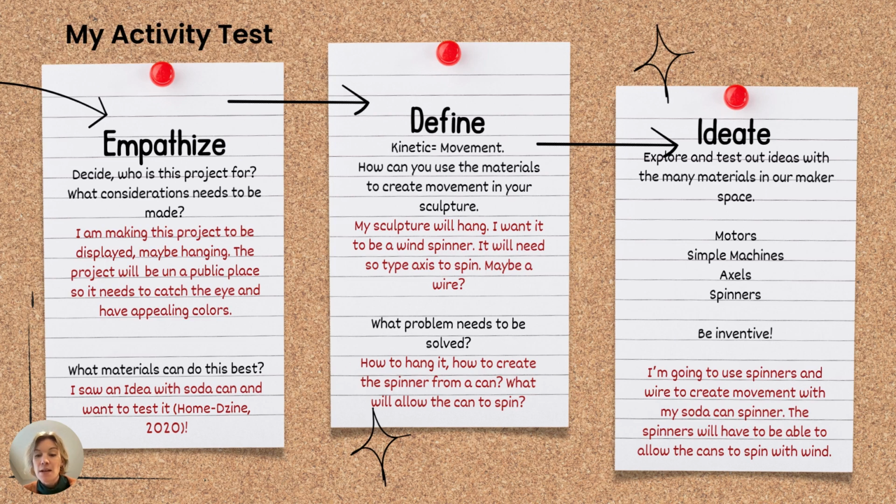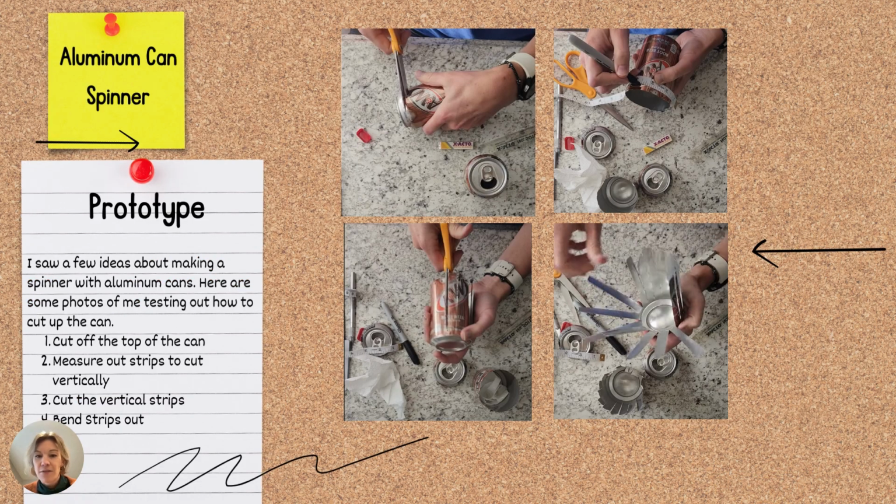As I was prototyping and sketching, you'll see on my prototype, I was prototyping and ideating at the same time, cutting up the cans. In the example, I could see these pieces of the can that were cut through. At first, I cut off the top and measured out strips to cut vertically, and then I could pull the strips apart. So I liked the way that was going.